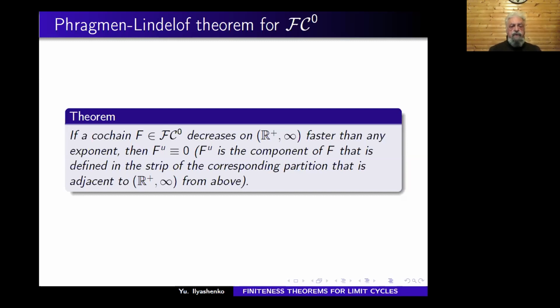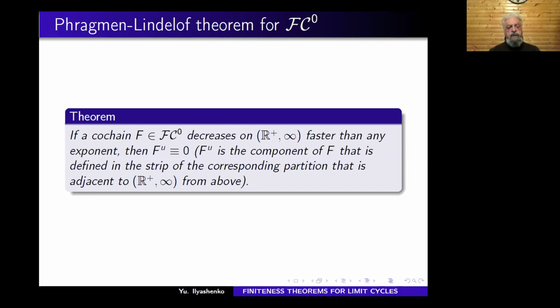And we want to prove the same for the cochains of the class FC0. If a cochain of the class FC0 decreases on the positive ray faster than any exponent, then the upper component, at least, of this cochain is identically equal to zero.